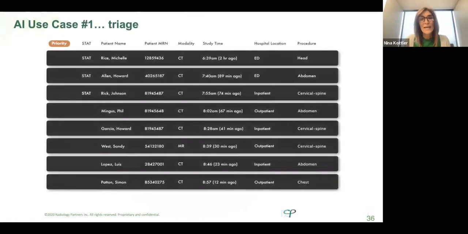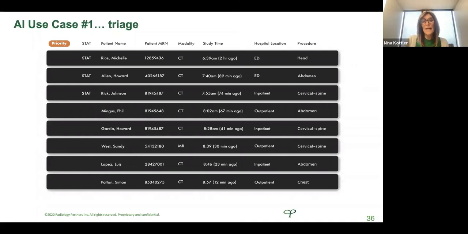So what is a CAD-T model supposed to do? Well, if you have a work list, normally we organize that by time remaining. Maybe you've got it organized by stat or non-stat cases, but you don't know what's in the images. So there's no way to organize it by any smarter mechanism.